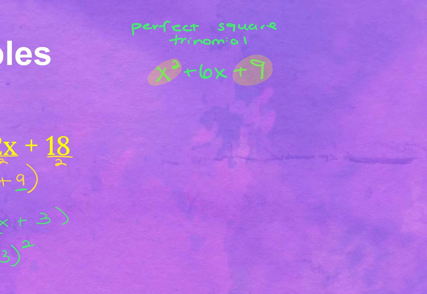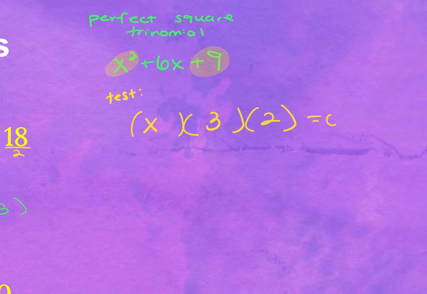And they are this time. So then I square root the first term. This is the test to see if it's a perfect square trinomial. I square root the first term. I square root the last term. I multiply them together and then double it. And if that term, which is 6x, equals the middle term, then I know it's a perfect square trinomial.